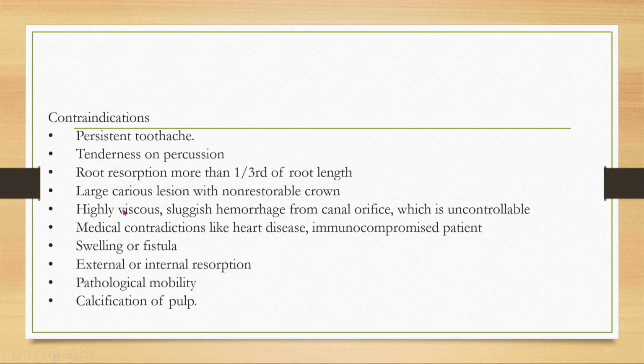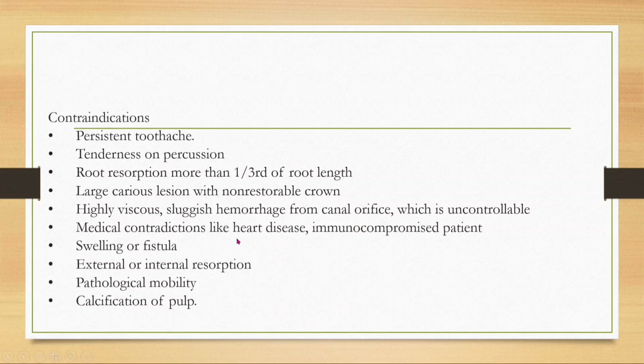But contraindications: if we have a persistent toothache, that means the infection has spread in the radicular pulp; then tenderness on percussion, where the infection is likely present at the periapex; then root resorption involving 1/3 of the root length; a large caries lesion with non-restorable crown; highly viscous sluggish hemorrhage, not bright red, and which is non-controllable.